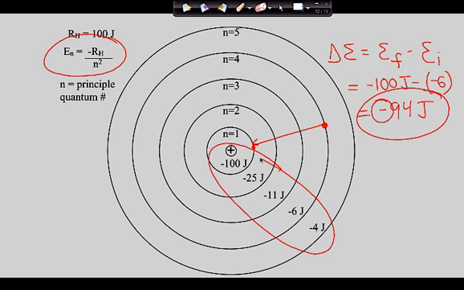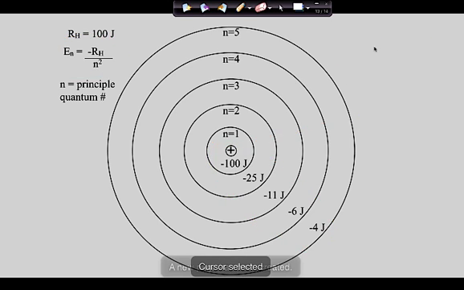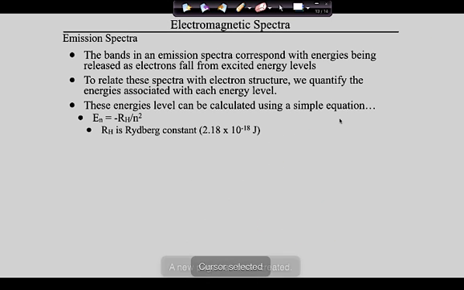So understand the Rydberg constant is not 100, but the logic all holds true. So what is the Rydberg constant? Well, the Rydberg constant is actually 2.18 times 10 to the negative 18th. Realize what I was doing was saving you from yourselves.